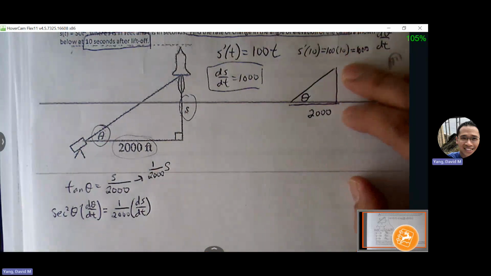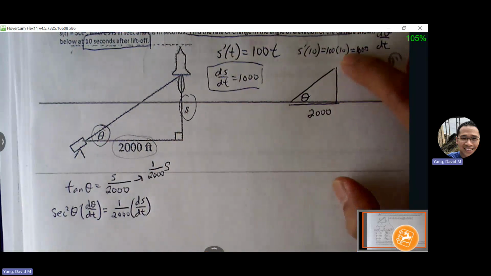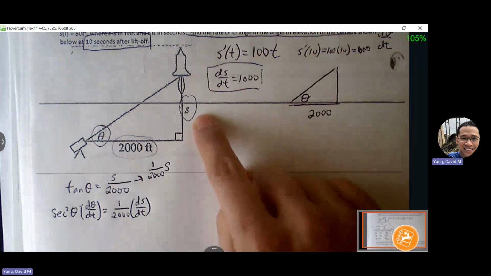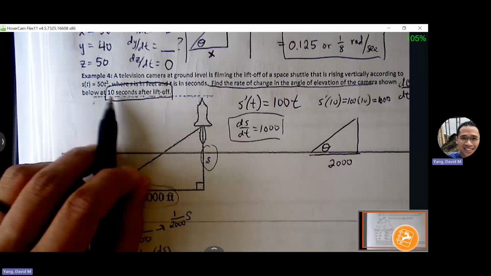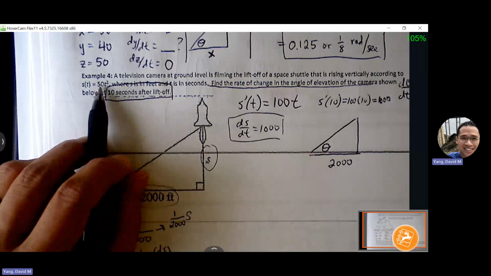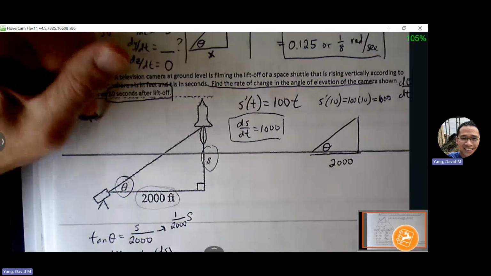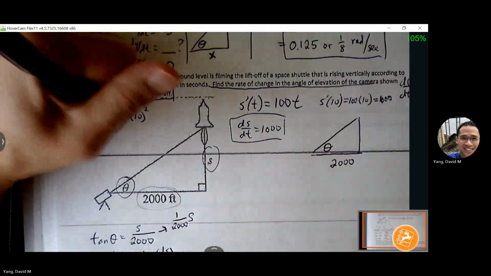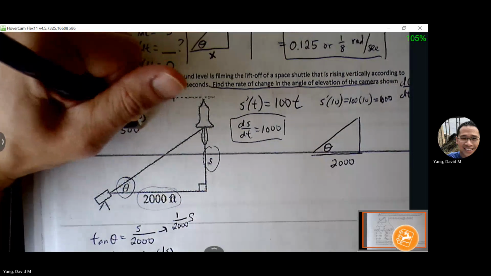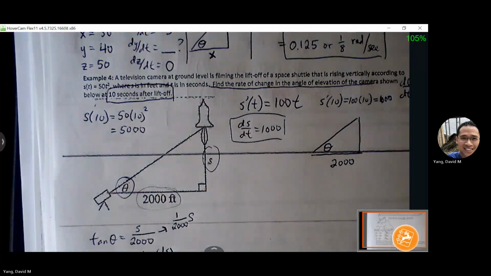How can I find the height of this triangle? Good. Plug 10 into the original function, right? This S of t, I want to find out how high the rocket is 10 seconds in. So S of 10, which is 5,000 feet.